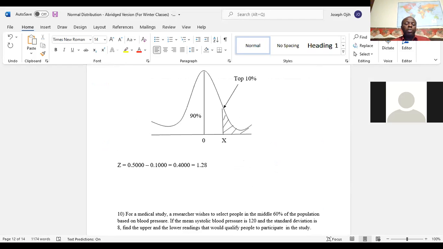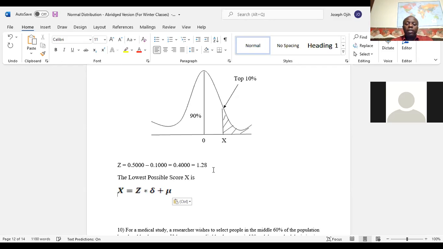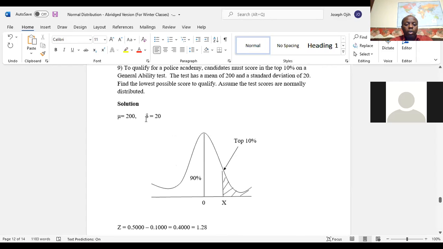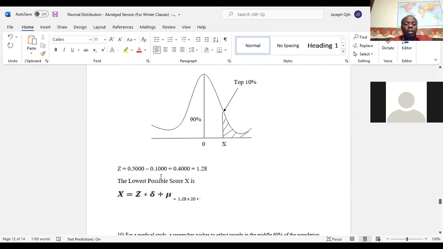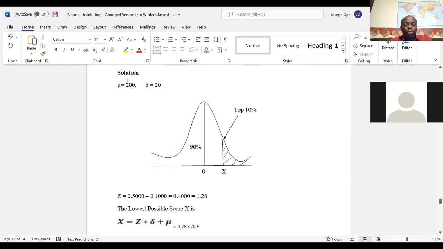Now to answer the question. The lowest possible score to qualify is given by this formula. This is the formula right here, X equals Z, which is 1.28, times our standard deviation, which is 20, plus the mean, which is 200.